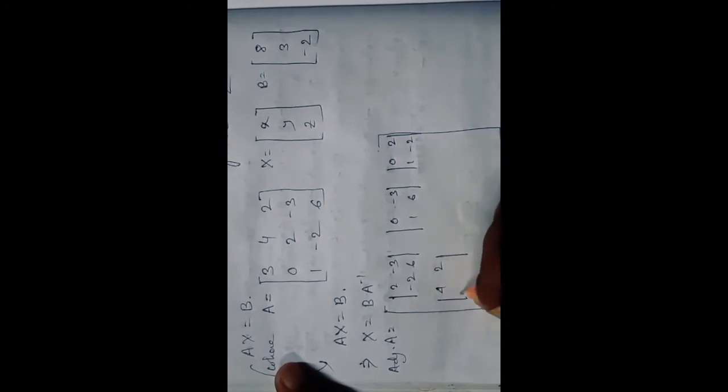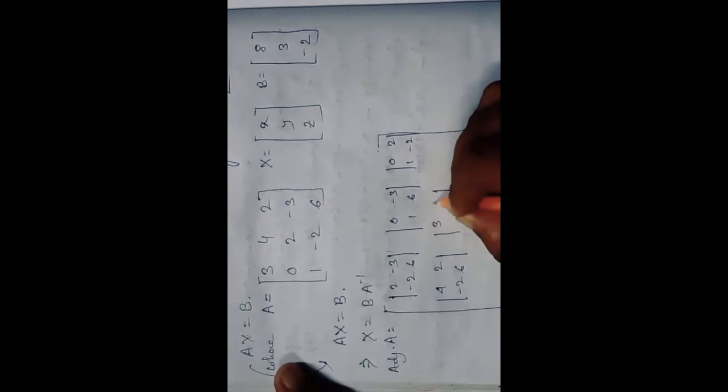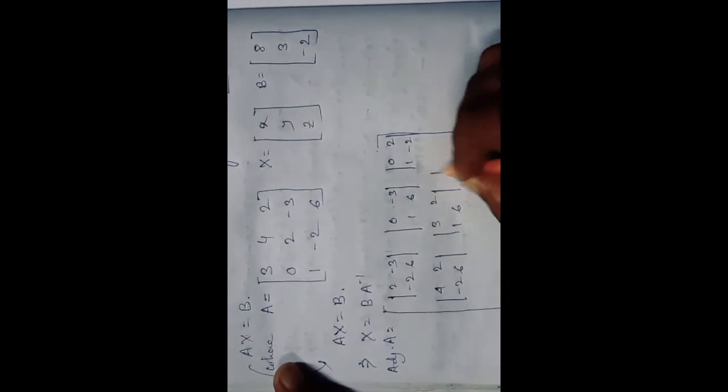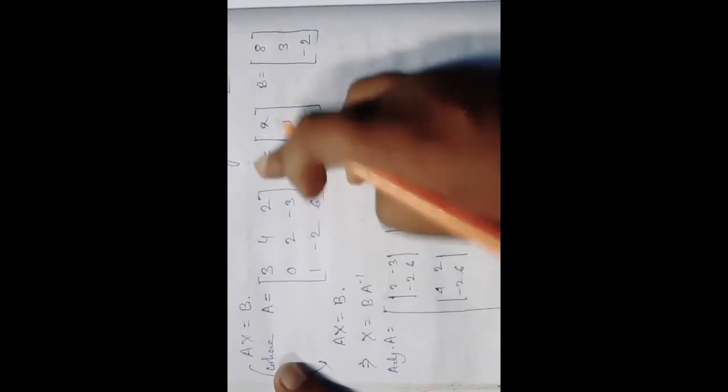Next 4 2, minus 2 6; 3 2, 1 6; 3 4, 1 minus 2.